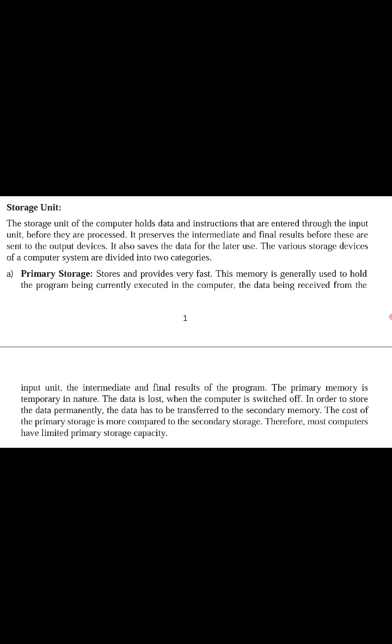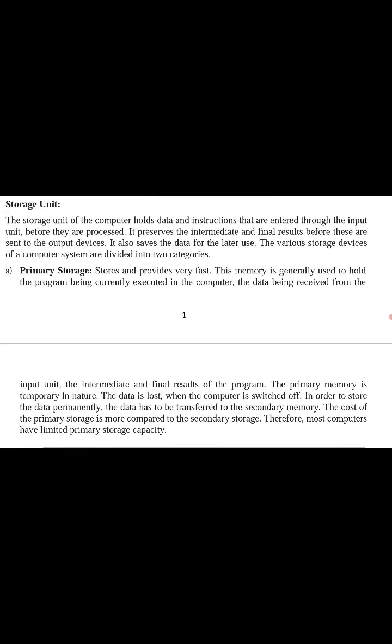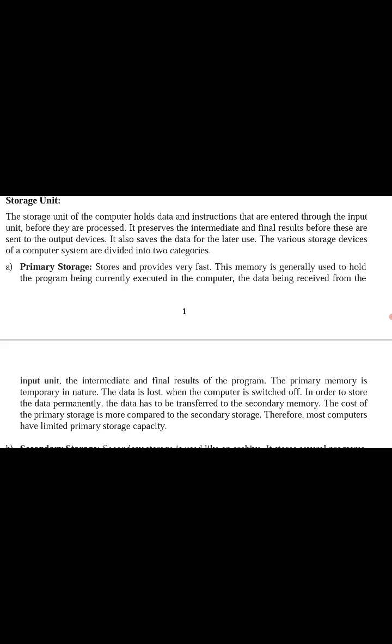The various storage devices of a computer system are divided into two categories: primary storage and secondary storage. So the storage unit or memories are of two types. First one is primary storage or primary memory.